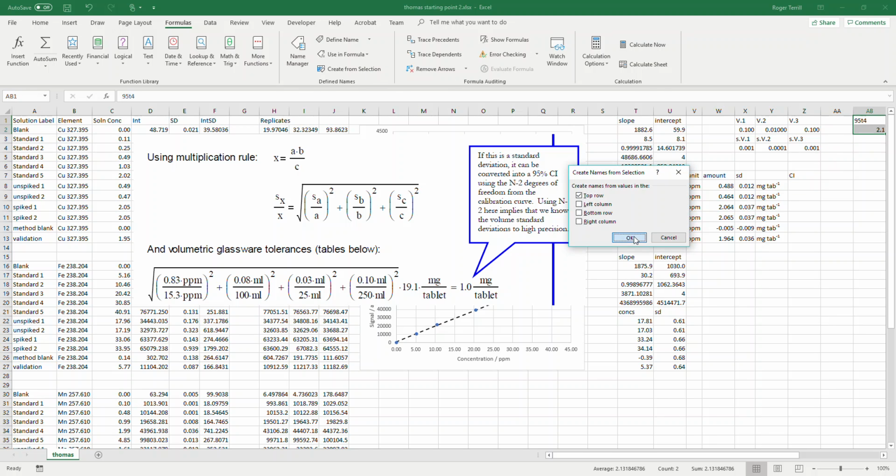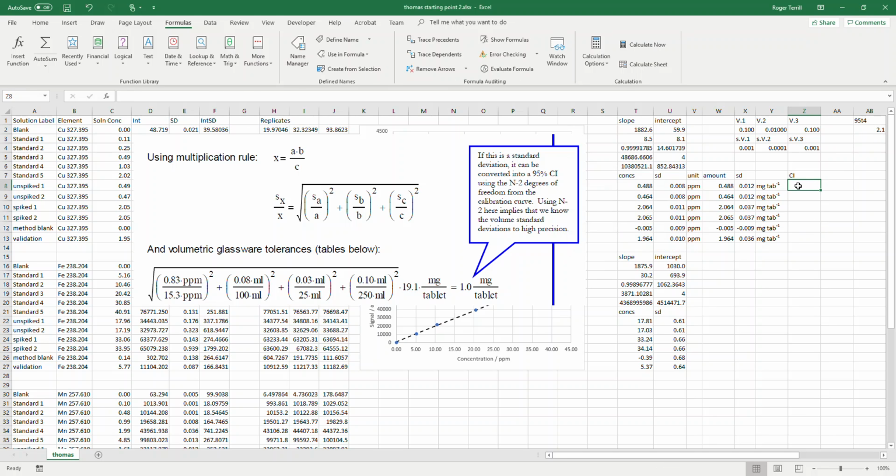Create from selection, top row. So this is going to be equal to T times S divided by the square root of 6, right? And that's 0.010, right? So it's just a tiny bit smaller than that value.